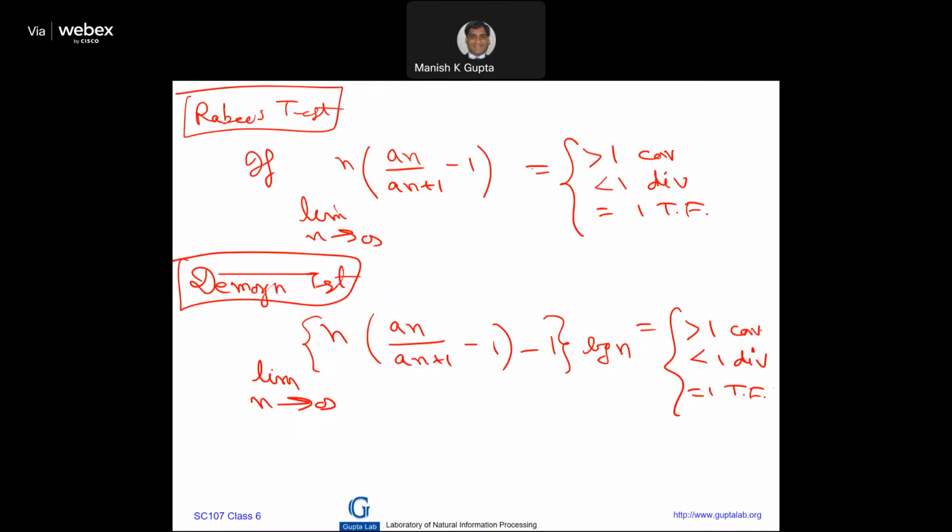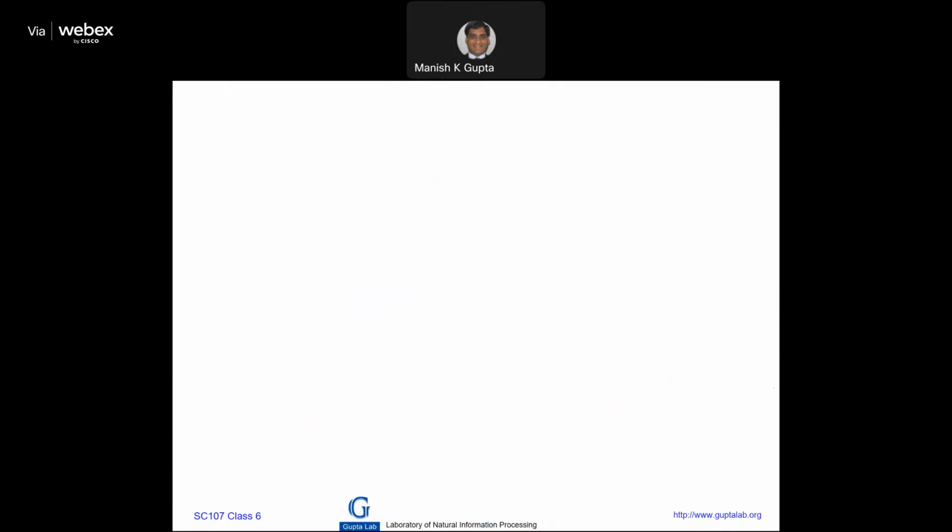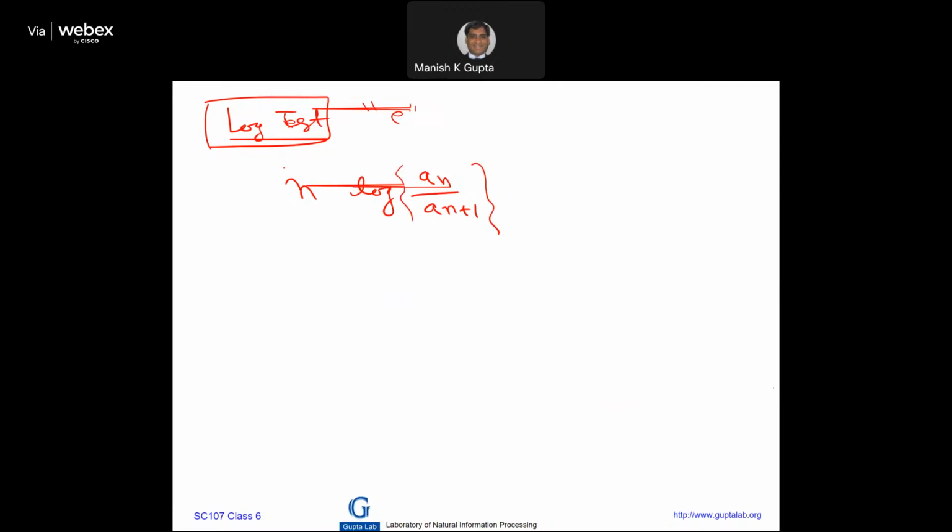So what you do is the following: if you find the term e there, you compute n times log of an divided by an plus 1 as n tends towards infinity. If this is greater than 1, convergent; less than 1, divergent; equal to 1, test fails.